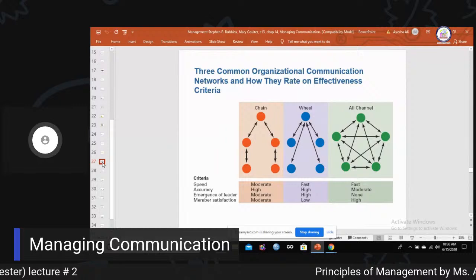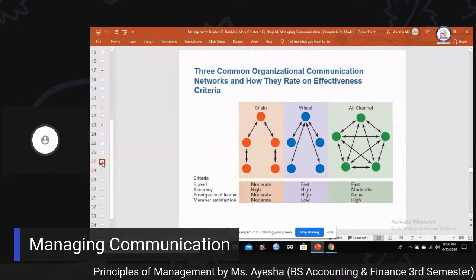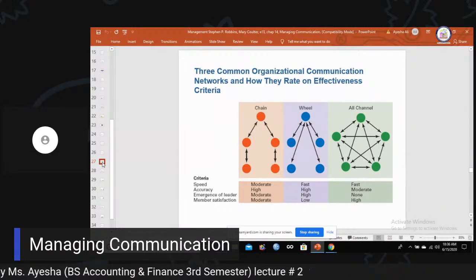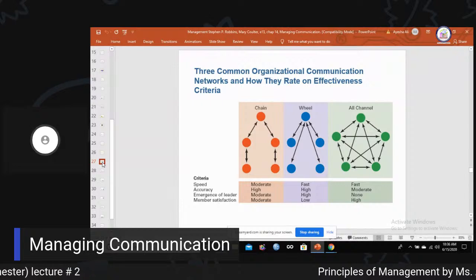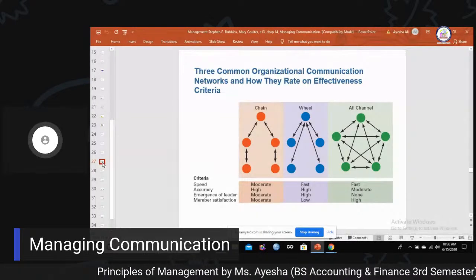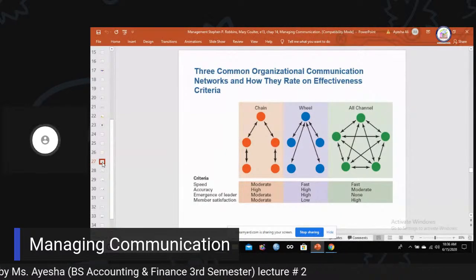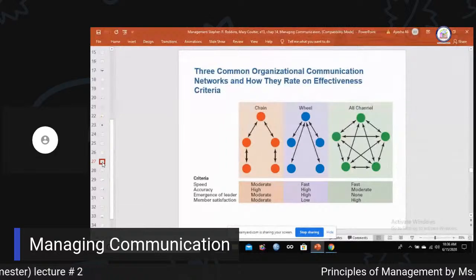In a large organization we have more vertical levels and the message crosses more levels, so it can be filtered and modified. So maybe it decreases the accuracy of the message or communication.